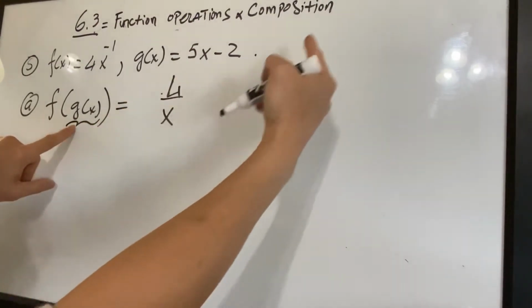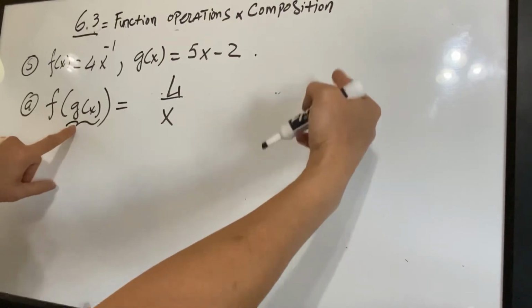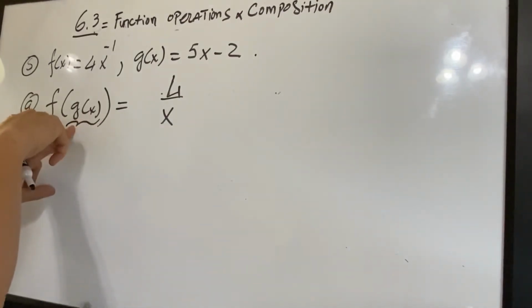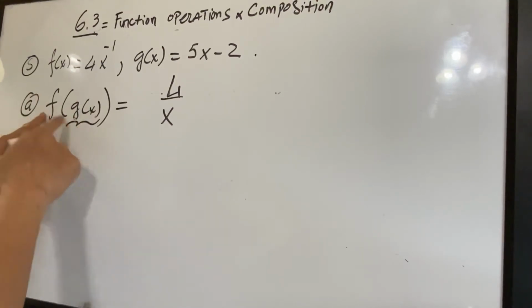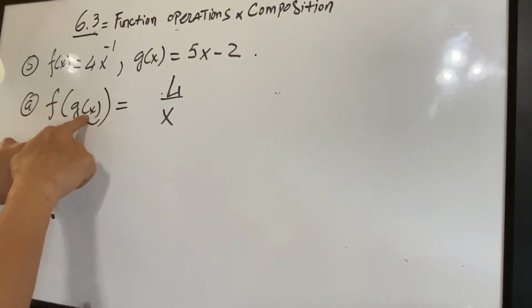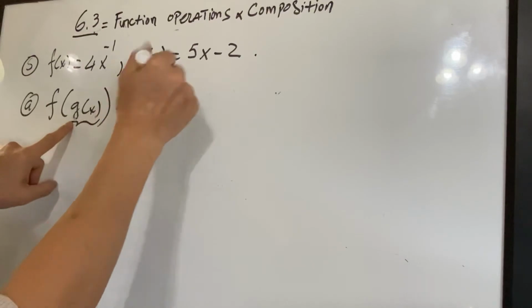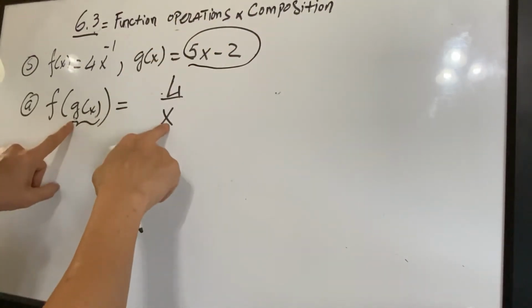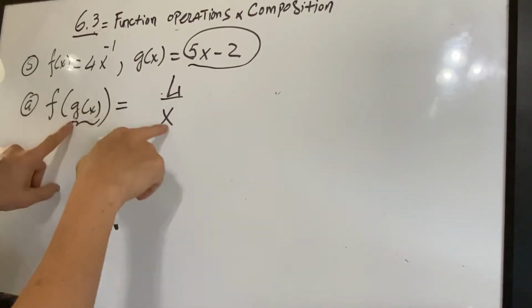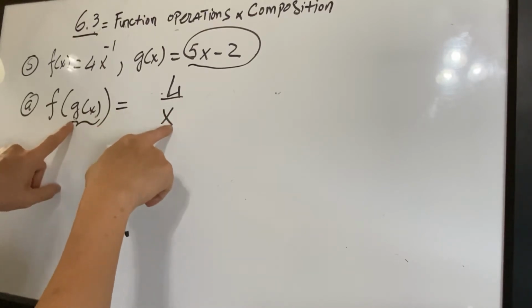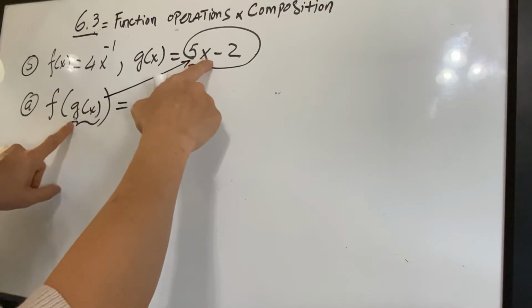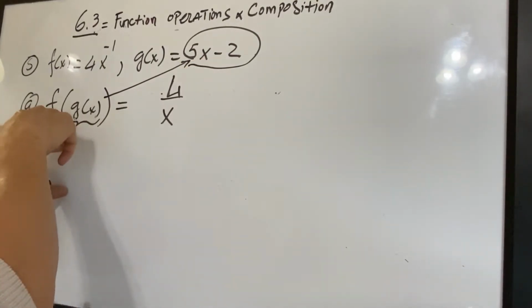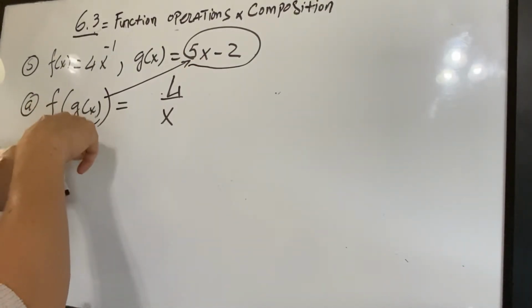Remember we just did the running guy, the walking guy, and the bicycle guy? Look, f of g of x. Whatever the variable of f is, it is being substituted by the whole g of x. f of the variable here is x, but you will not put x. You put the whole function g right there, because that's the concept of composite function.